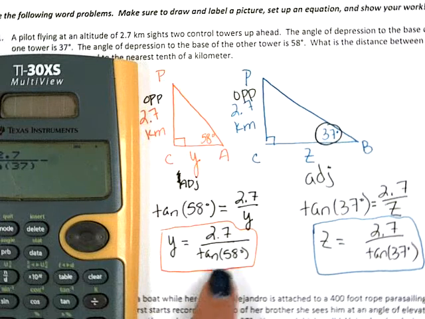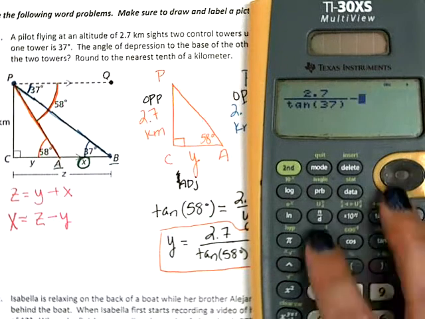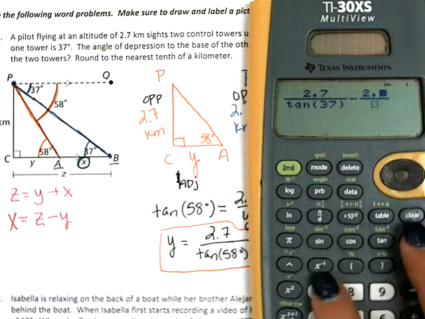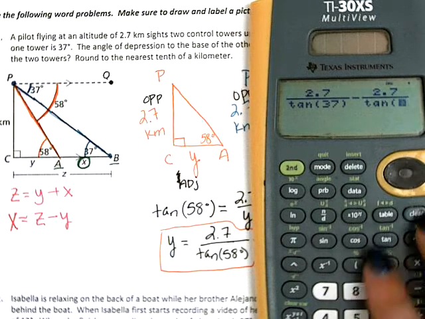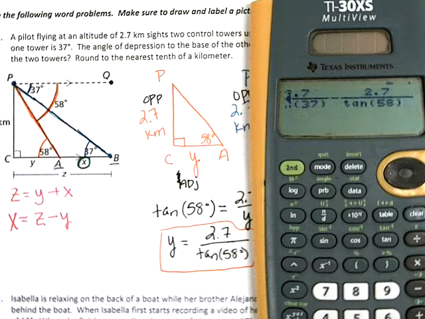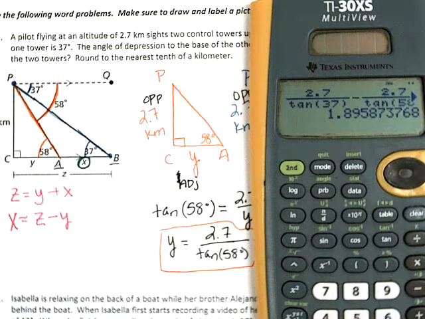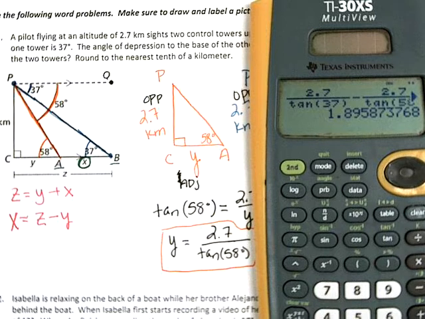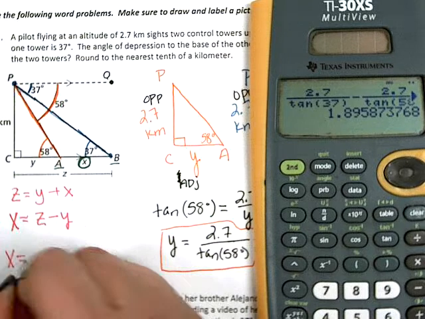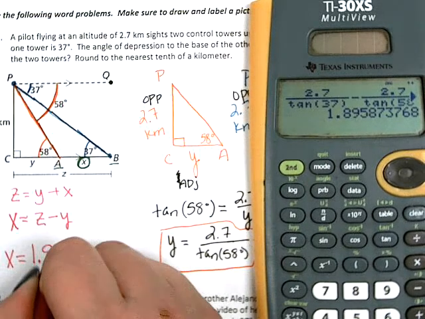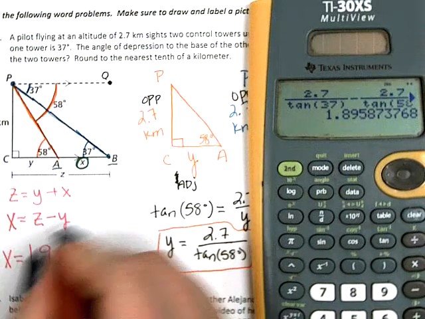Well, here's my y value, 2.7 over the tangent of 58 degrees. And then I'm going to go ahead and hit enter. And I get 1.895, blah, blah, blah. So round to the nearest tenth of a kilometer, which means x is going to equal 1.9 kilometers.